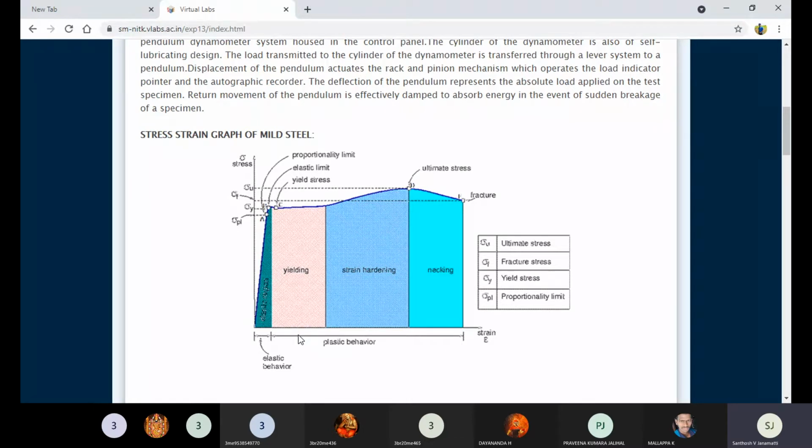In the first module itself we discussed the stress strain diagram for ductile materials. Mild steel is the best example of a ductile material. Through that, we can understand the proportionality limit, elastic limit, yield stress, ultimate stress and fracture stress.